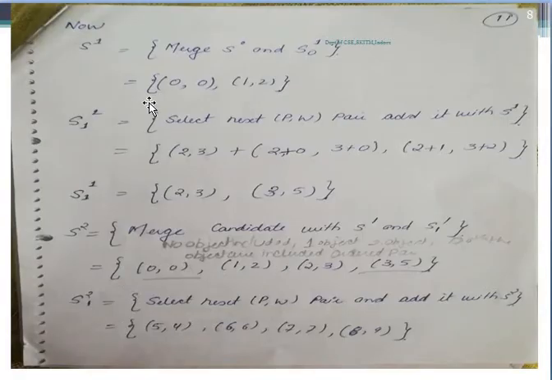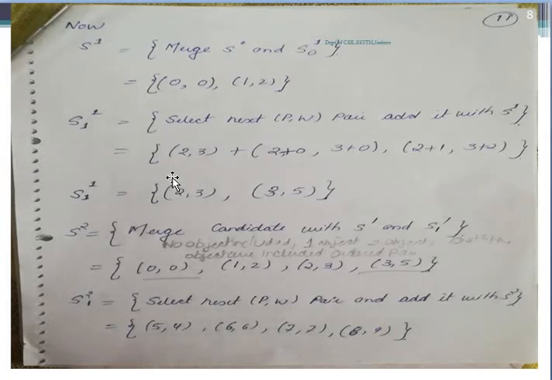Now we are merging S0 and S01, both these set values. After merging we got 0 0 and 1 comma 2. From there we are computing S2 1. We are selecting the next profit comma weight pair and adding it with S1.